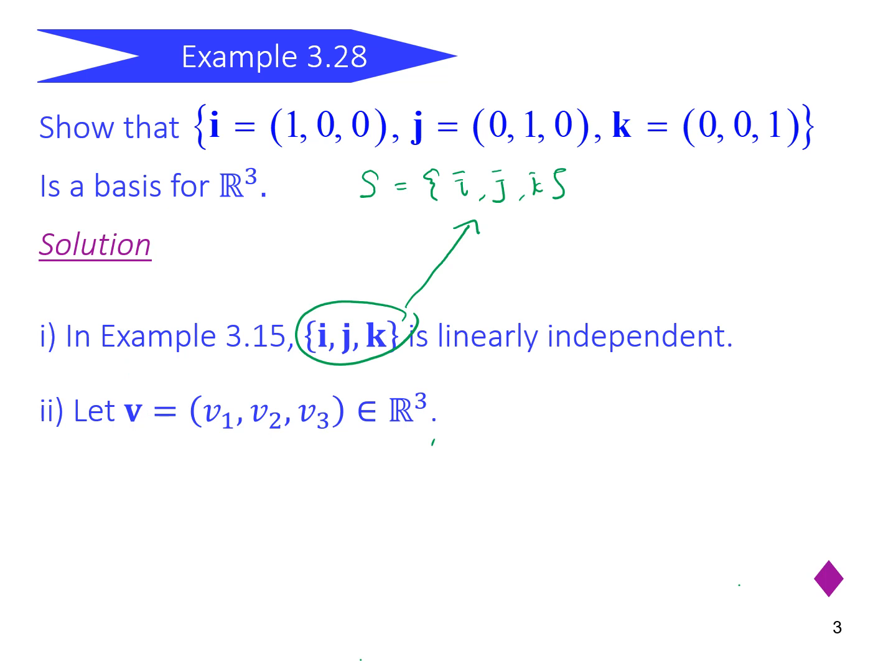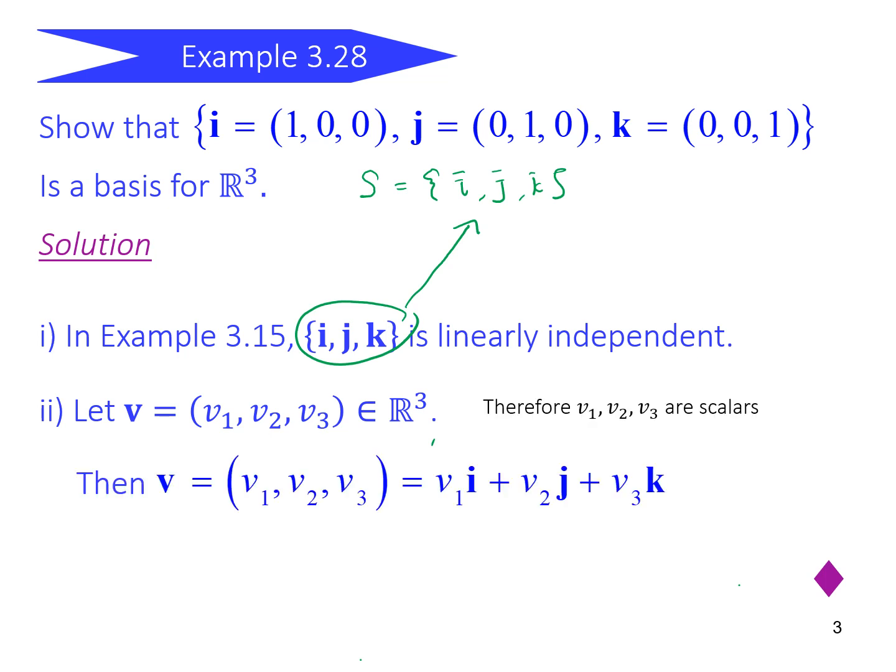So here let V be an element in R3. We aim to show that V is a linear combination of i, j, and k. It is obvious that an arbitrary vector V has first component V1, second component V2, and third component V3.